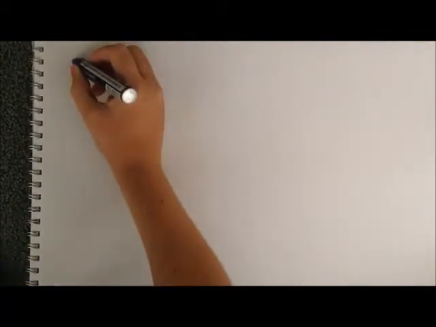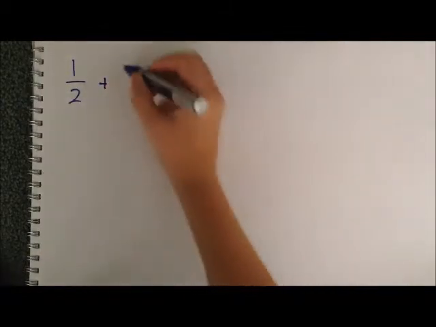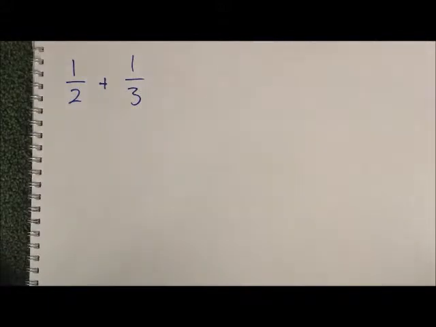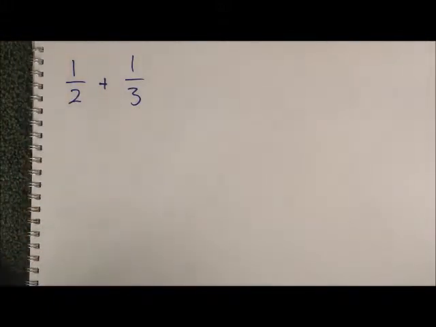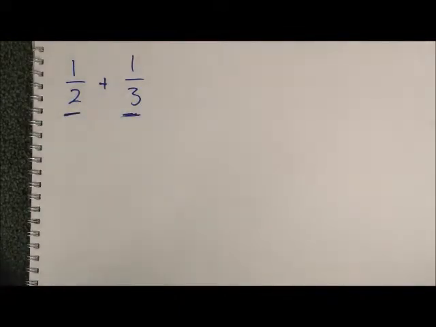So say you've got a number like, we'll go 1/2 again, plus 1/3. How on earth are we going to do that? We can't double it or anything, so we have to find common denominators.